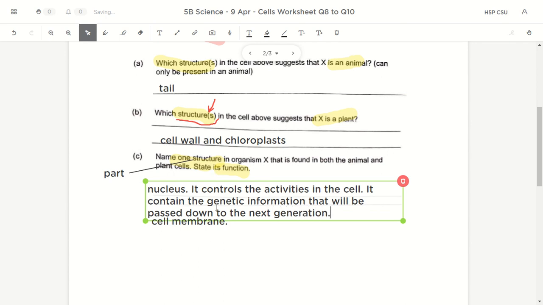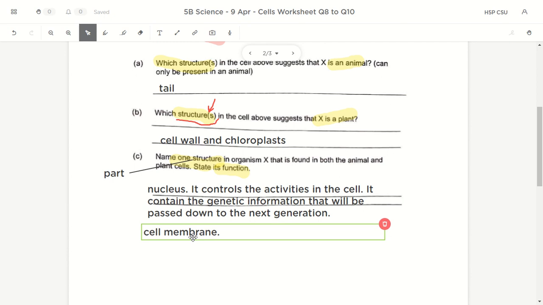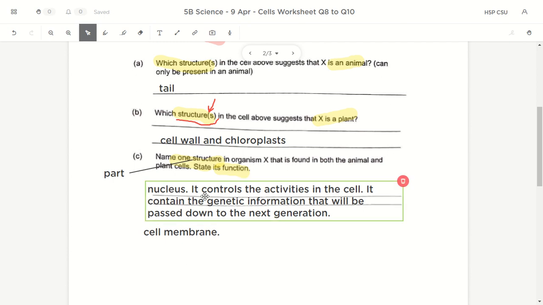So if you have written down nucleus, this is the function.